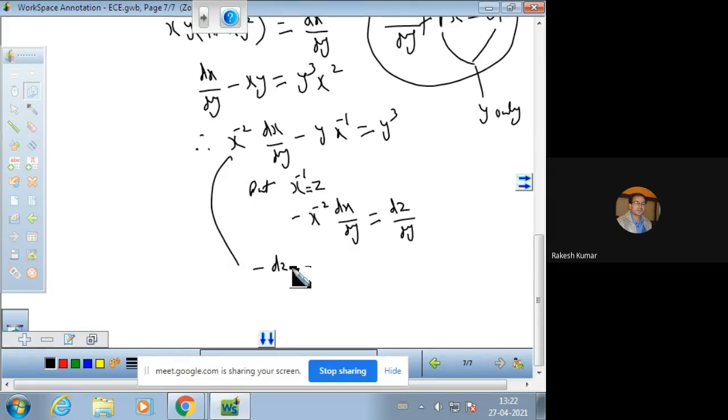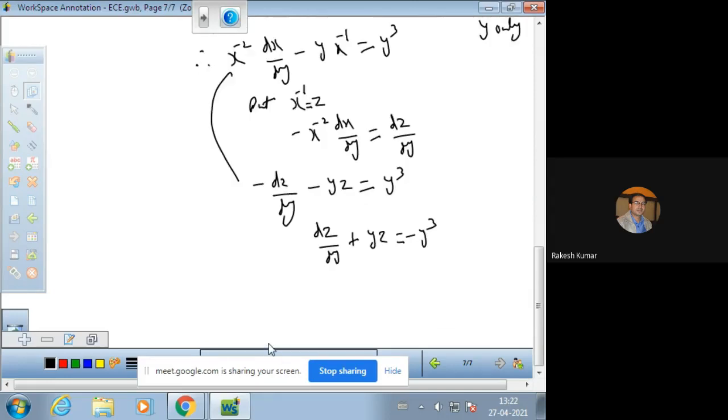So minus dz over dy minus yz is equal to y cube, and it can be written as dz over dy plus yz is equal to minus y cube. Now ये अब linear differential equation की form में आ गया. So capital P is equal to y here and capital Q is equal to minus y cube.